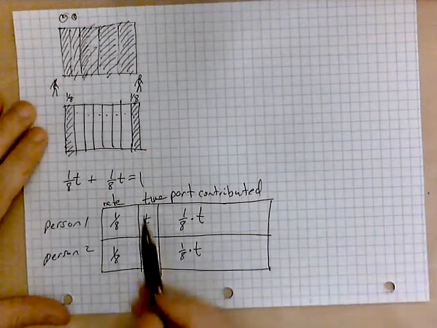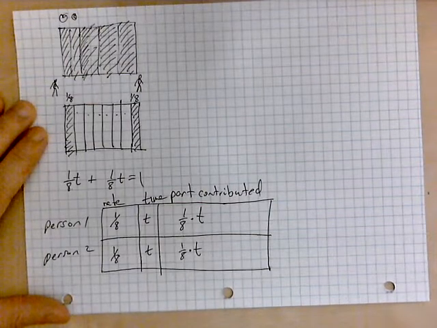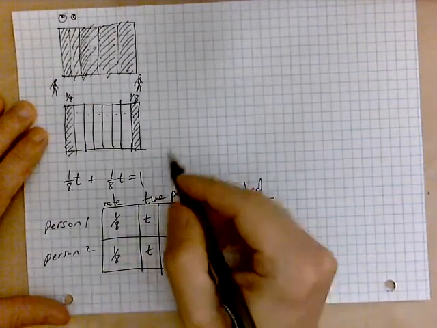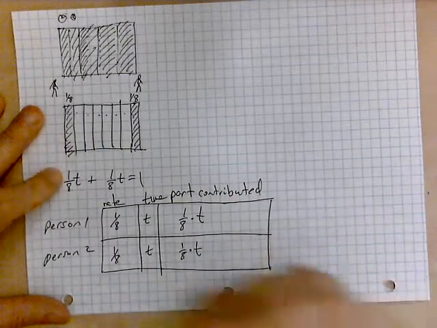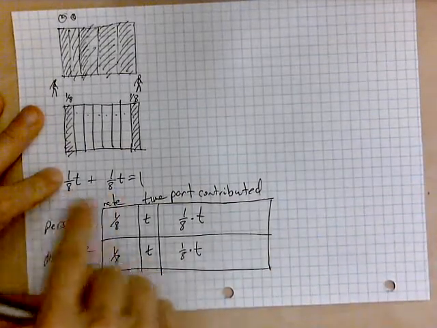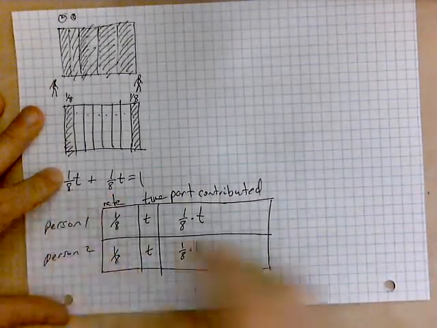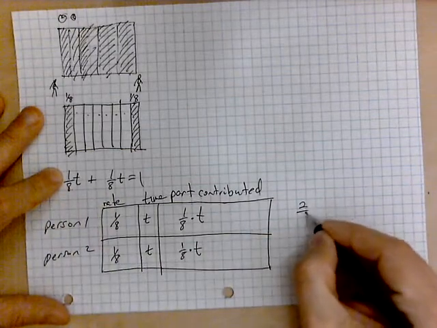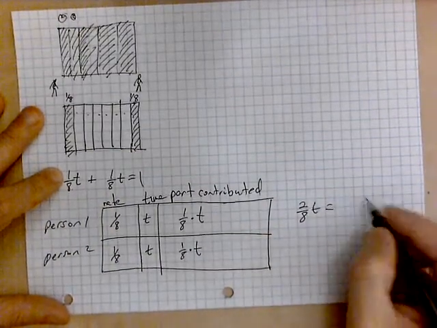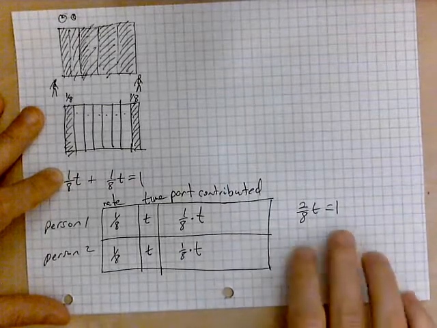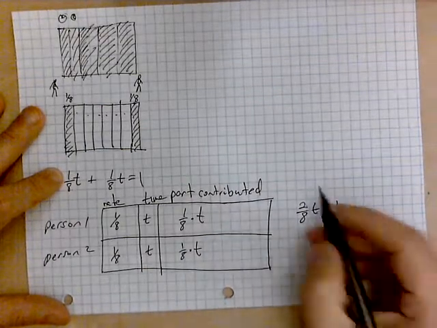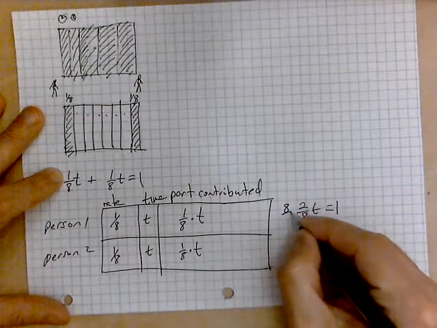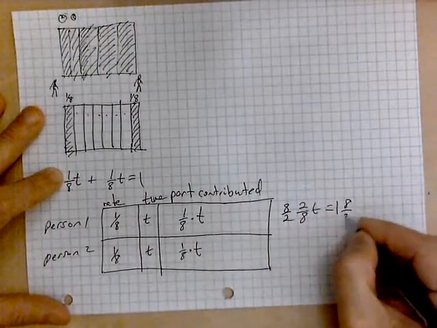So now once we arrive at this equation, the question is, how do we solve it? Let's take a look at the procedure. First of all, notice that we have the same denominators in this case, so we can simply add these as 2/8 t equals 1. Now we can multiply both sides by the reciprocal of 2 eighths, so that's 8 over 2, 8 over 2.